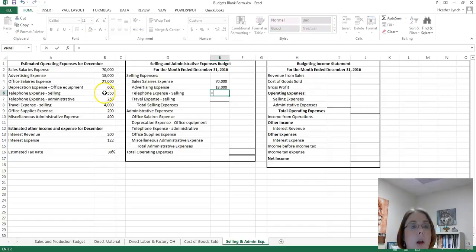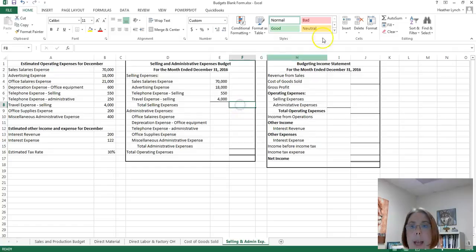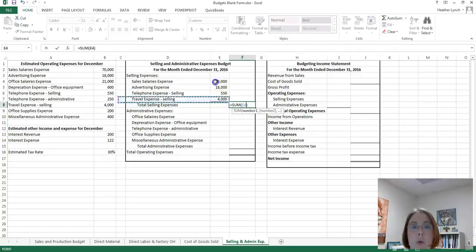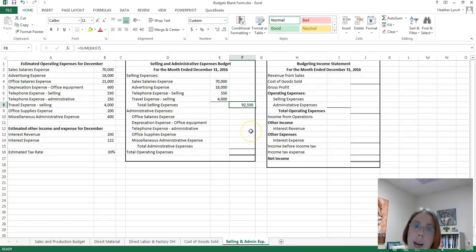Telephone expenses, only the selling. And travel expenses, only the selling. And your company would have to break these up to provide you what is selling, what is administrative. So we have $92,550 in total selling.